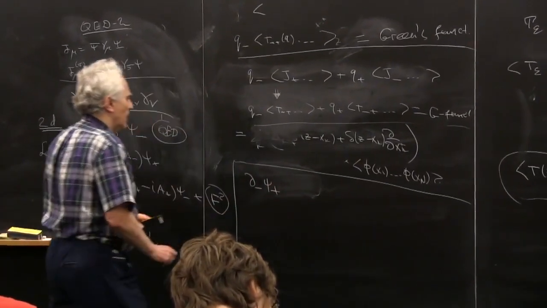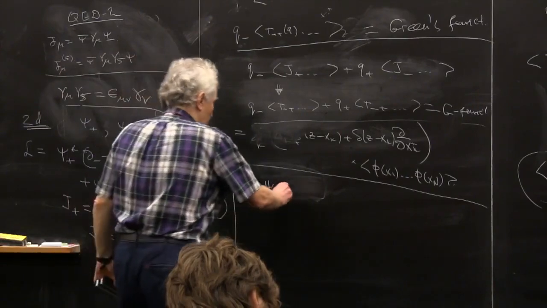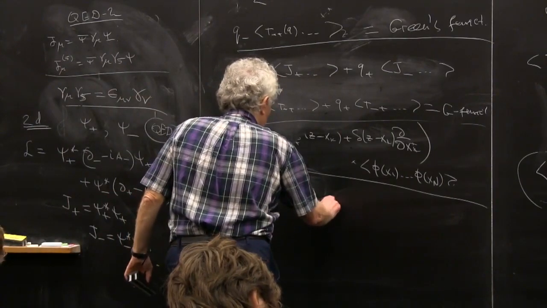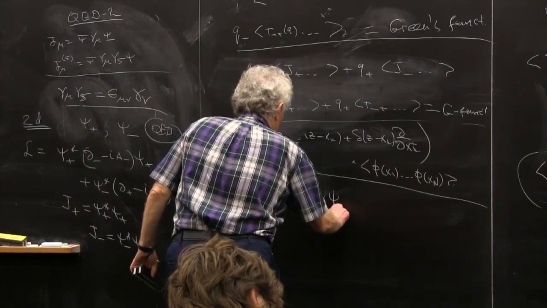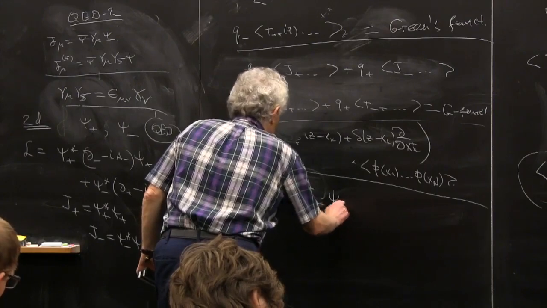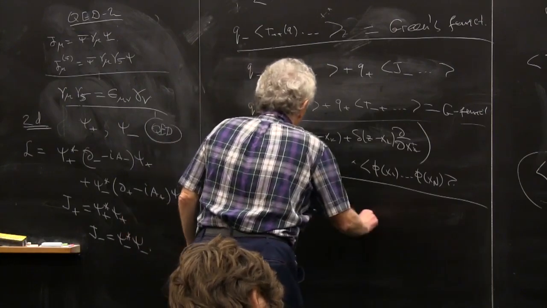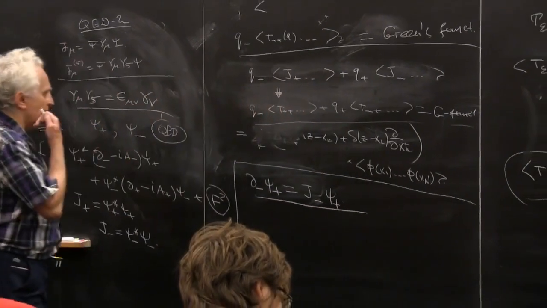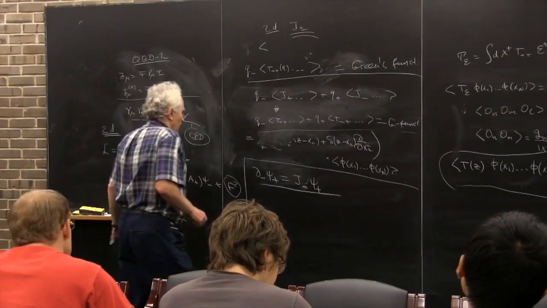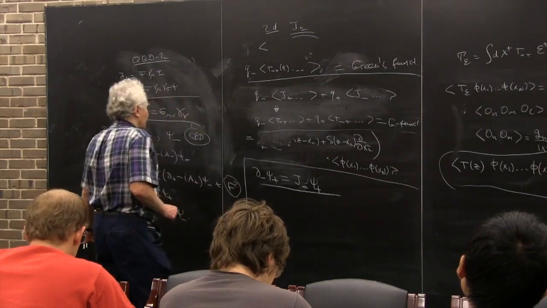D minus psi plus, I'm talking about classical equations now, will be equal to J plus J minus psi plus, and correspondingly for the other thing.